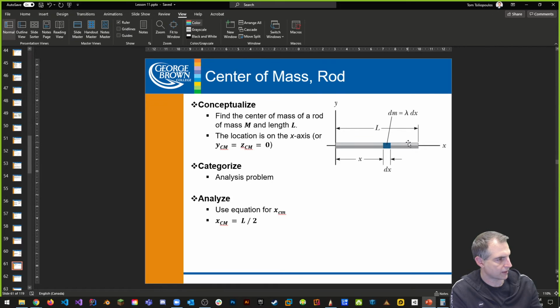An example would be a morning star, or some kind of mace, or a maul, like a hammer, where I have a lot of mass at the end. The center of mass cannot be in the middle of the handle. It's got to be towards the end. That's where the center of mass is. And that's why when you swing an object like that, you're going to get momentum based on where you're holding it. It's really, really important.